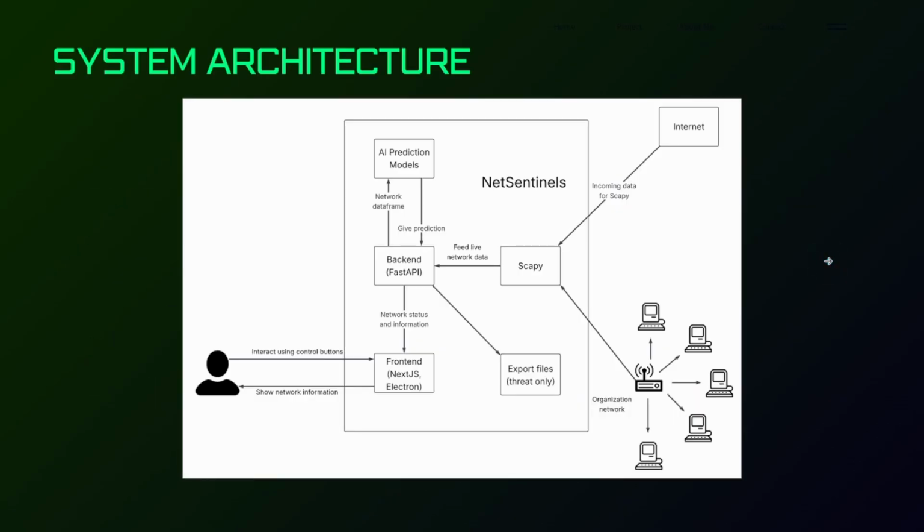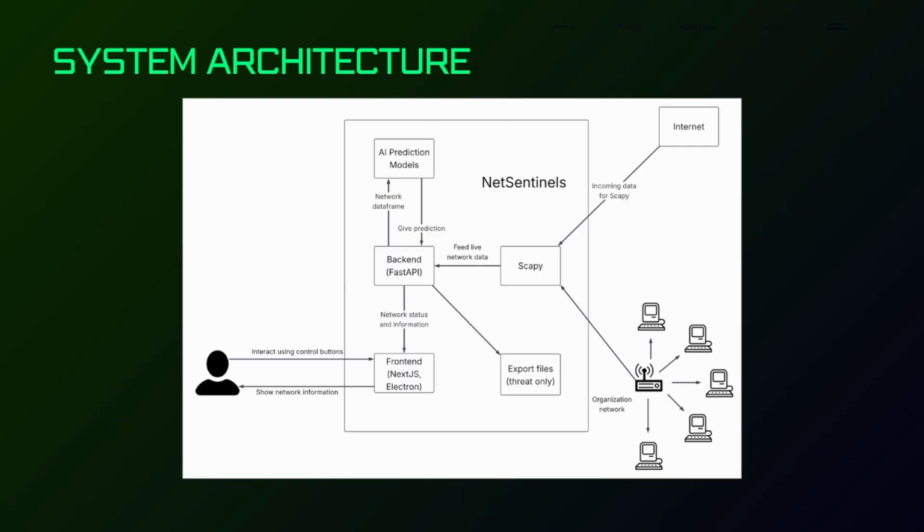Here is the system architecture of NetSentinel. Starting on the right, we have the Internet, which provides the live network traffic. Incoming packets are first captured by Scapy, our packet sniffing and feature extraction component. Scapy breaks each packet into detailed flow information such as protocol type, header length, and traffic statistics, and then forwards those features to the FastAPI backend.